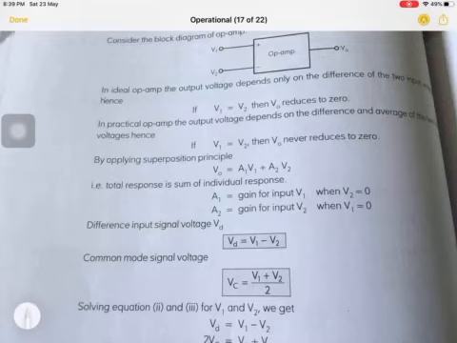Similarly, what is the differential input? VD is the differential input, given by V1 minus V2. And the common mode input is the average of the inputs, VC equals V1 plus V2 by 2.